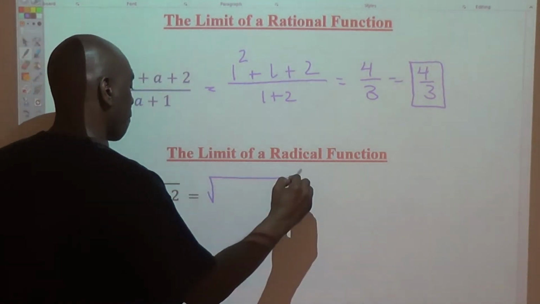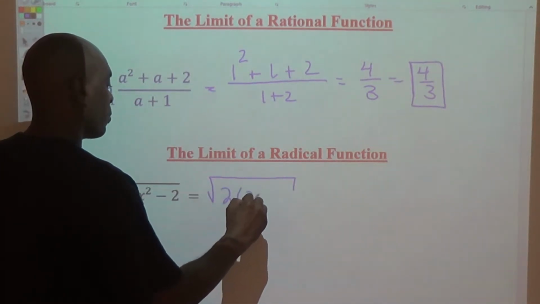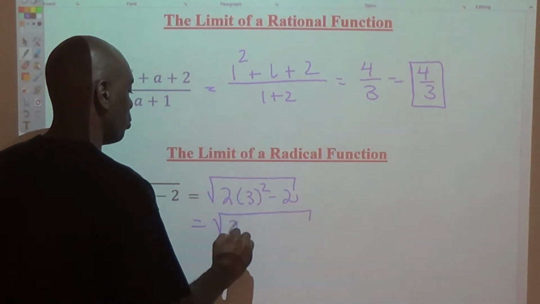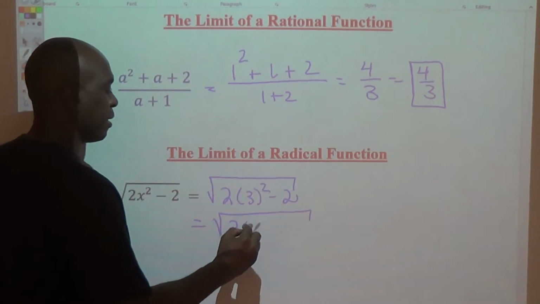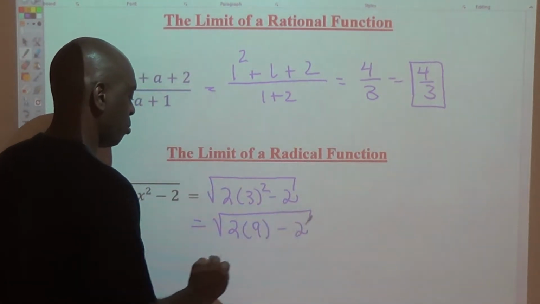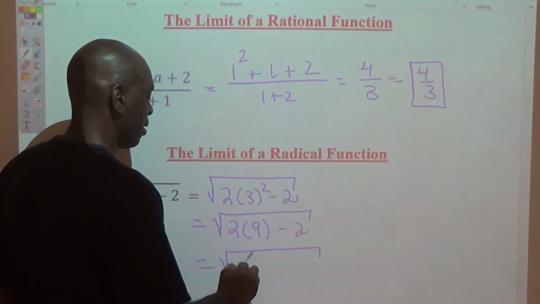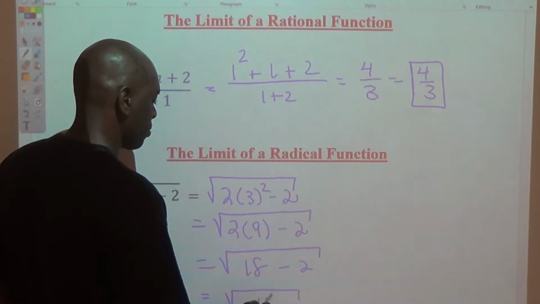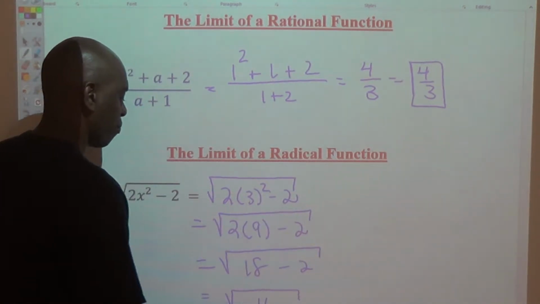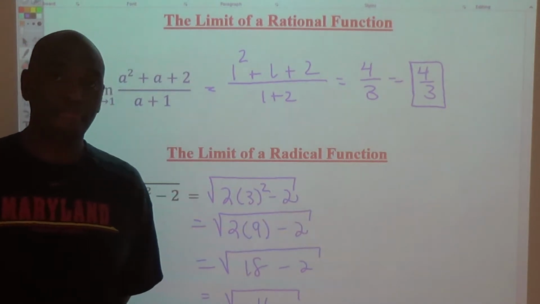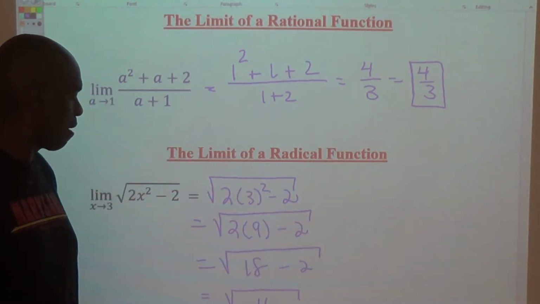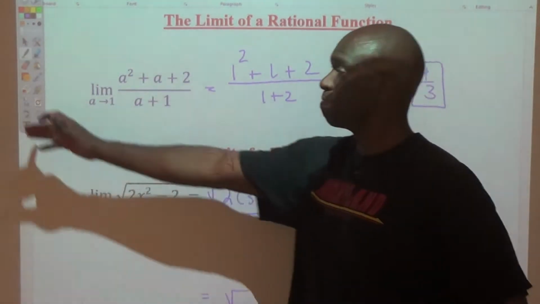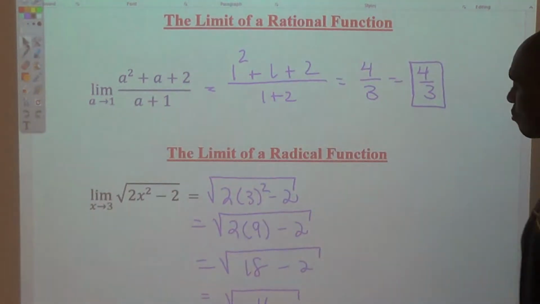Square root of 2 times 3 squared minus 2 gives us the square root of 2 times, well, 3 squared is 9, minus 2, which gives me the square root of 18 minus 2, which gives me the square root of 16, which happens to be 4. All right. Good. 4.